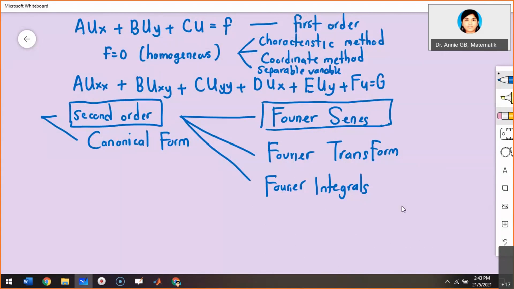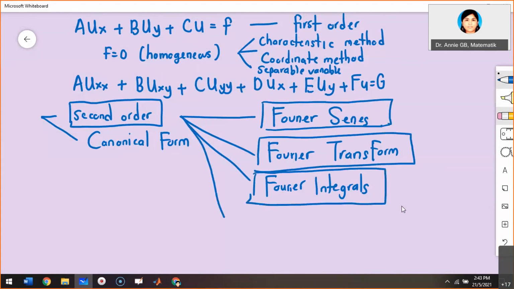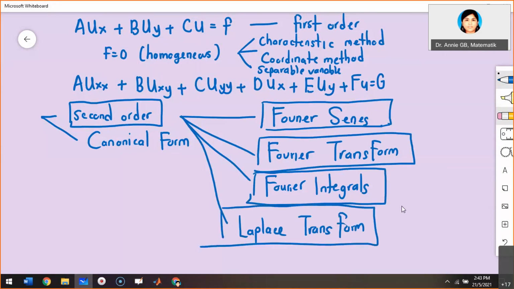And then for Fourier transform, okay, when you use Fourier transform, when you use Fourier series, and when you use Fourier integral. Okay, and there's another one actually, Laplace transform. Okay, semua ni kena tahu bila gunakan, bila kita tak guna and so on.